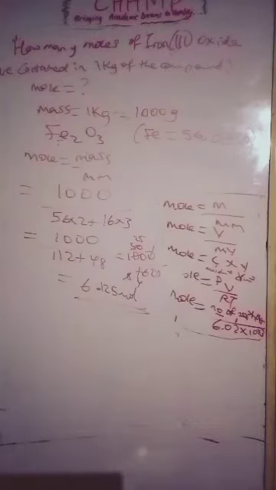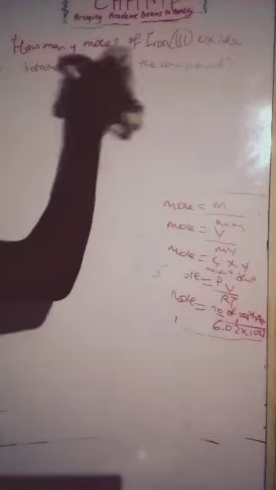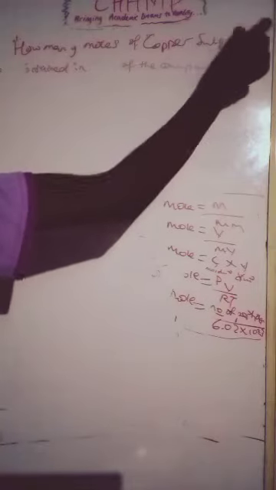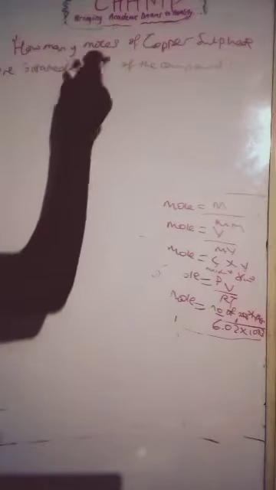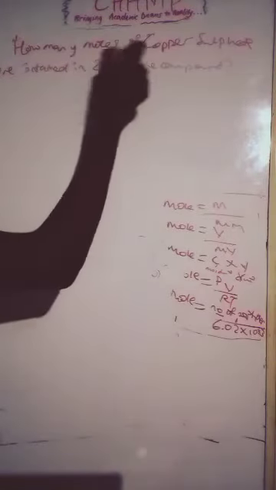Let's say you are given another one. Let's try it out now. Let's say you are given, let me just edit it, how many moles of copper sulfate are contained in 2 kilogram of the compound.